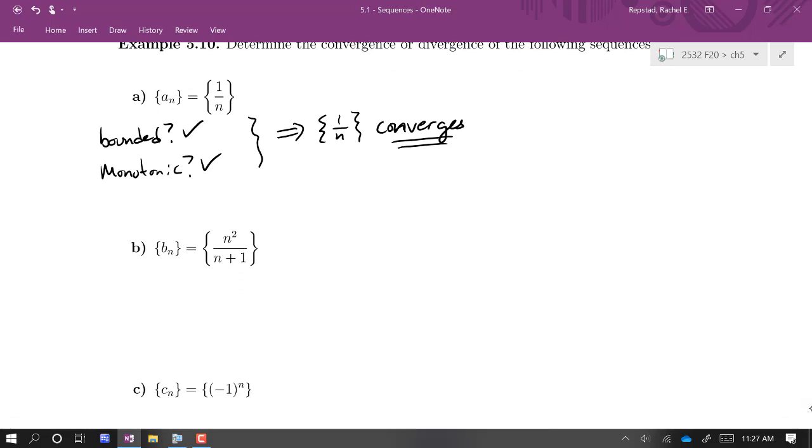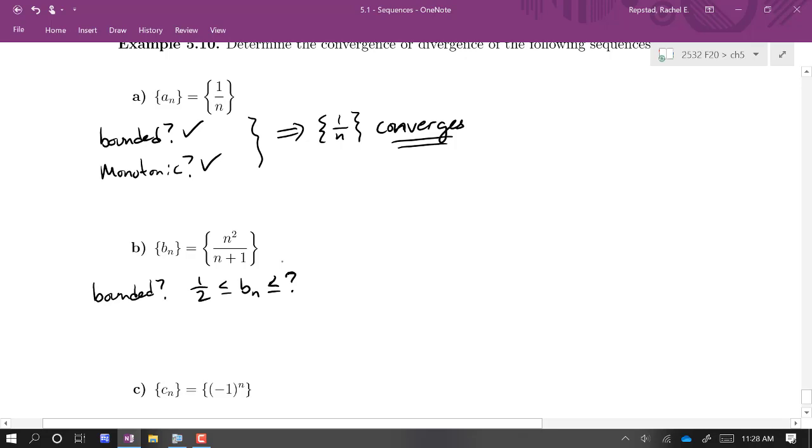For this next one, Bn, the nth term is n squared over n plus 1. Is this bounded? Certainly I think we could say it's bounded below by a half, but is it bounded above?